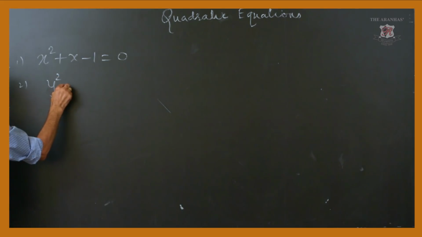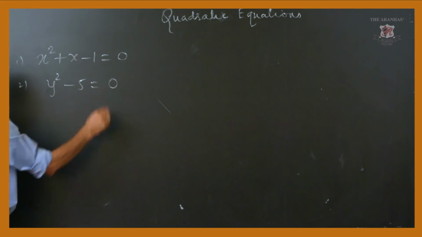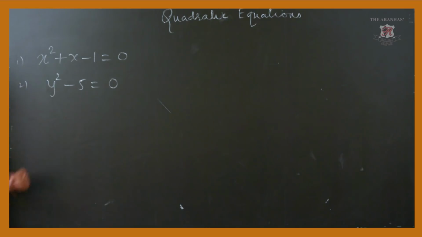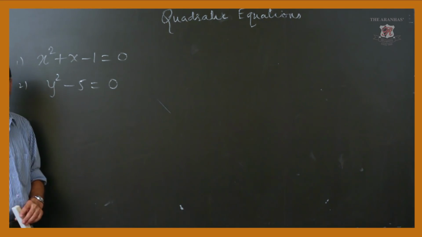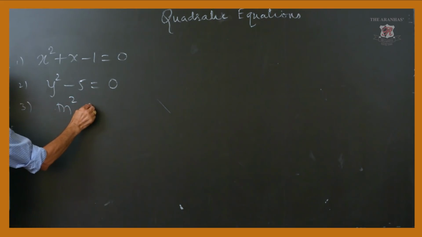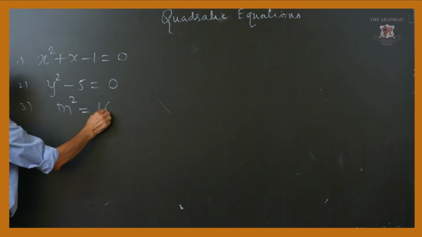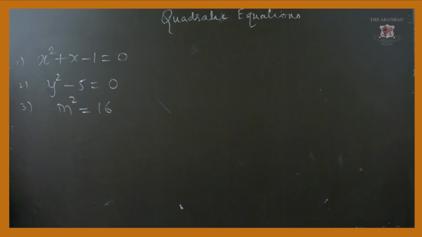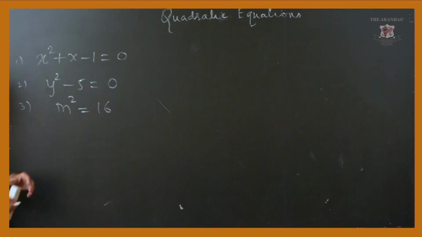Y square minus 5 is equal to 0. This is also a quadratic equation in y. This is also a quadratic equation.